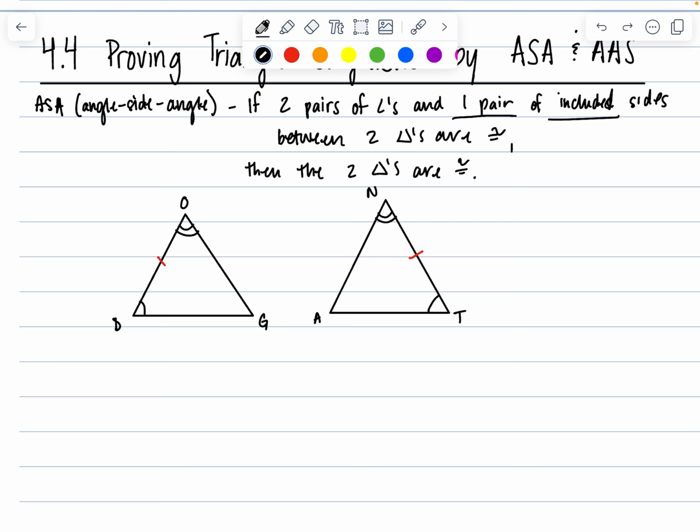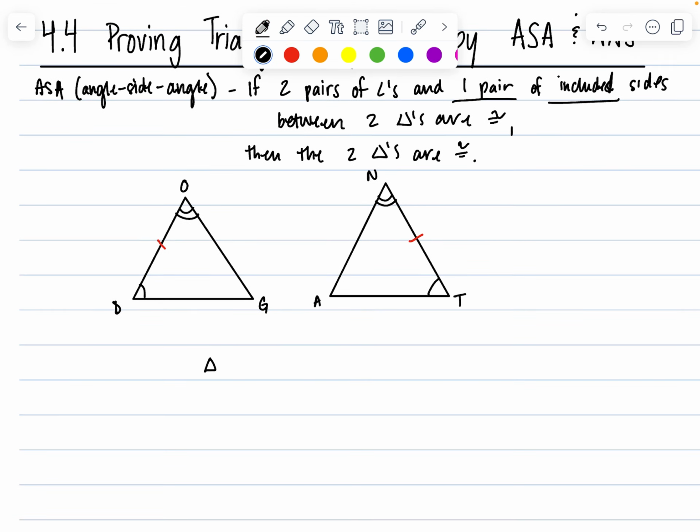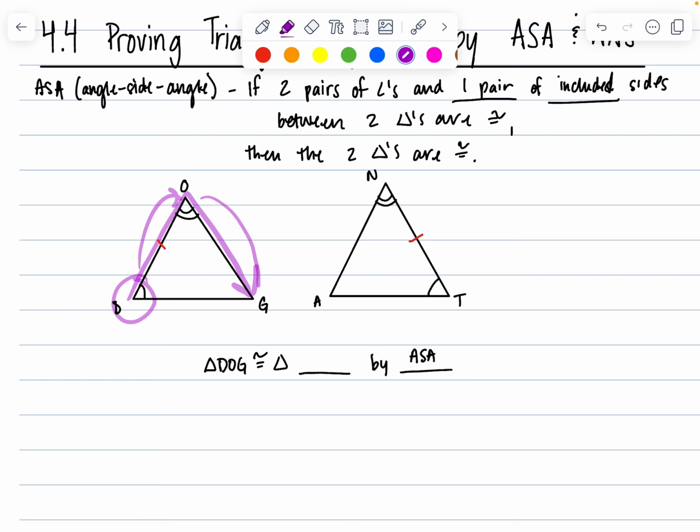Okay, so if we had a triangle congruence statement, we could say triangle DOG is going to be congruent to triangle, and then this is where we fill in the blank, by, and then this particular diagram is going to be by angle side angle. And if you recall how to do this properly, let's say it's DOG, that means we have to follow this pattern, D to O to G. We go through starting at the one angle tick, go to the two angle tick, and then go through the last one.